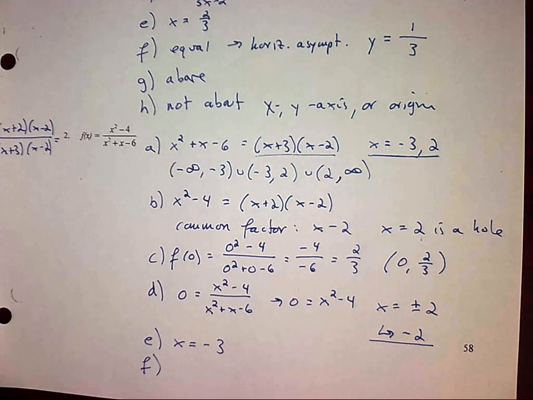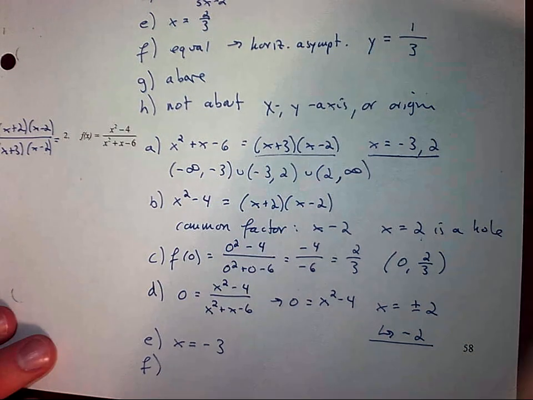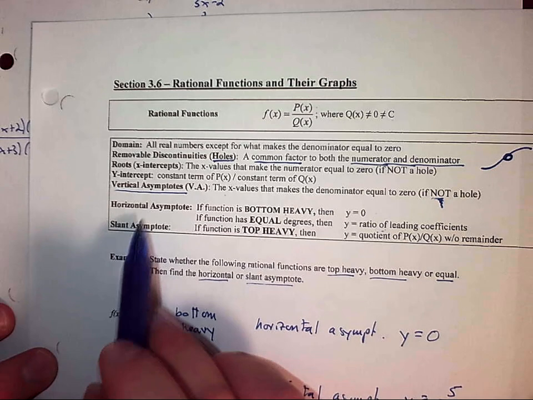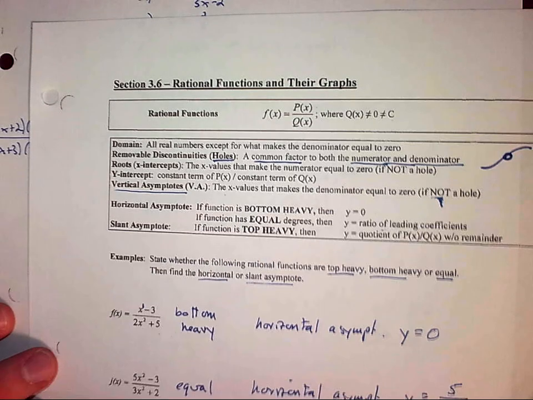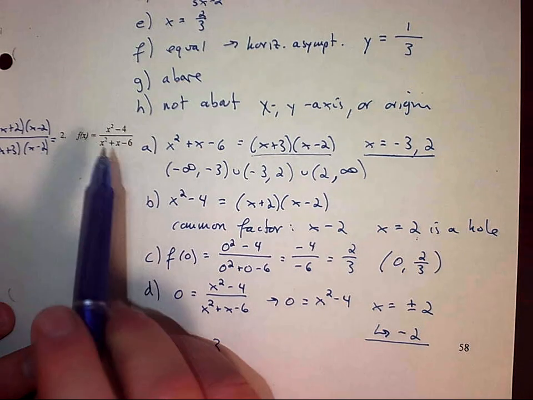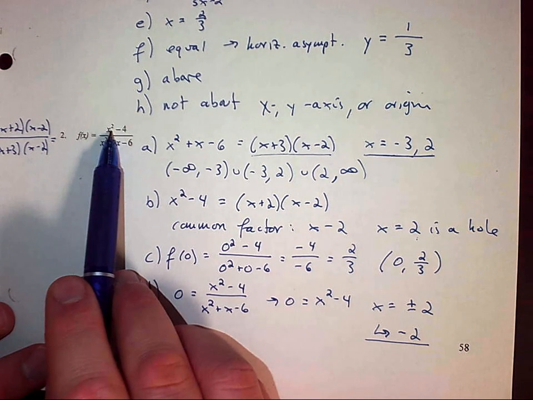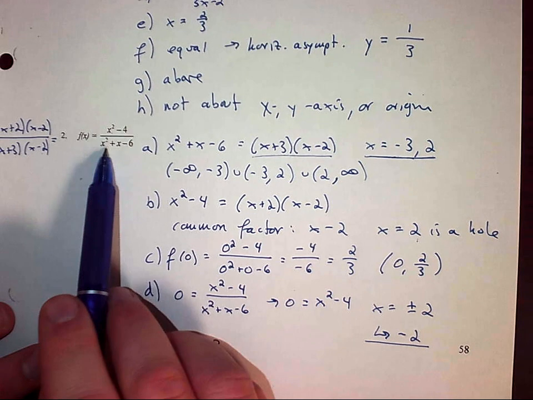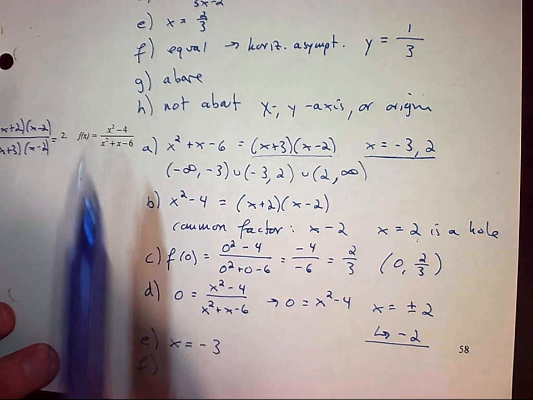All right, F. State the horizontal and the slant asymptotes. So for horizontal and slant asymptotes, we're going to see if we're bottom heavy, top heavy, or neither, right? Bottom heavy, equal, or top heavy. Our degree of our polynomial here is 2. Degree of our polynomial denominator is also 2.